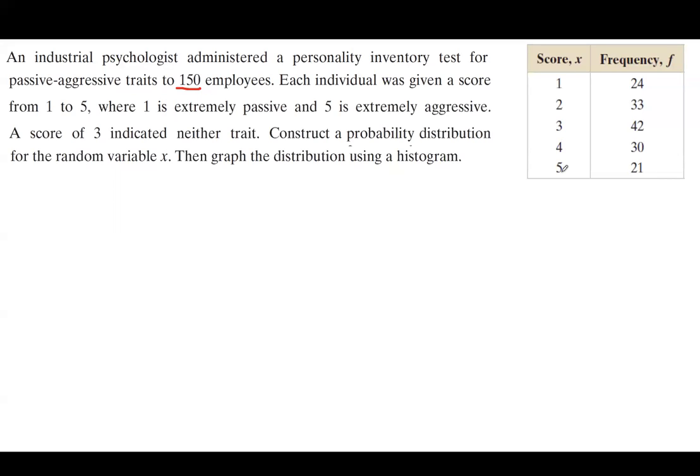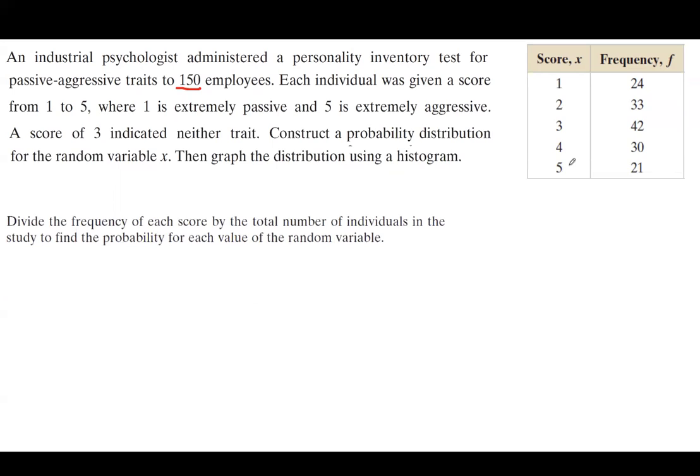We want to build the frequency distribution or probability distribution for the x values. If one of my friends asks, what is the average score? I can look at the data and give them the answer.